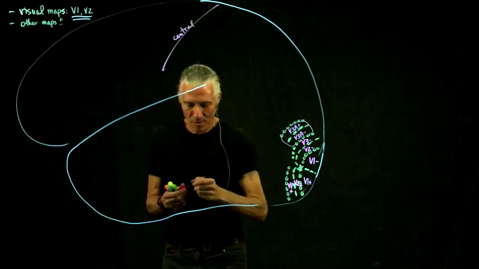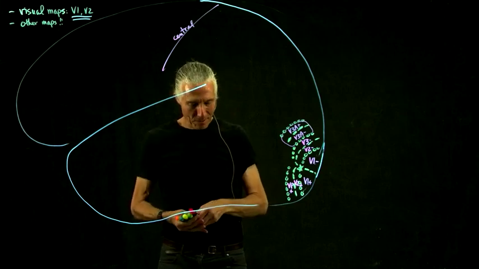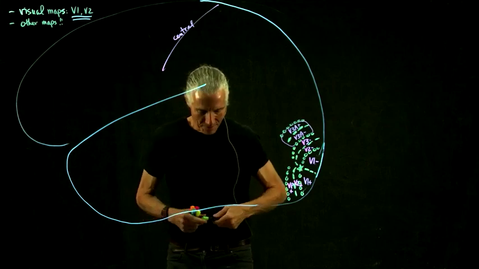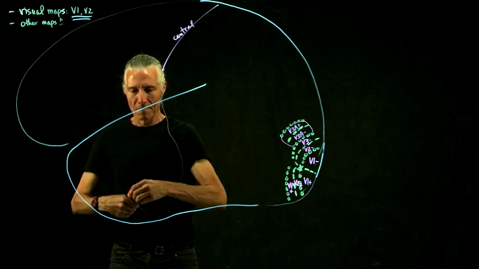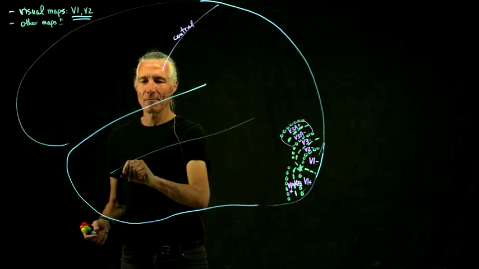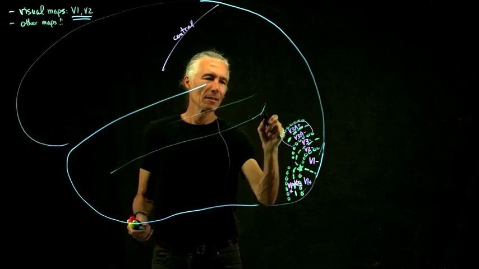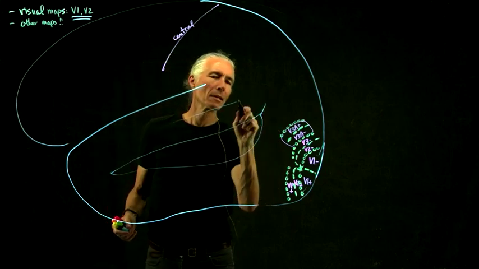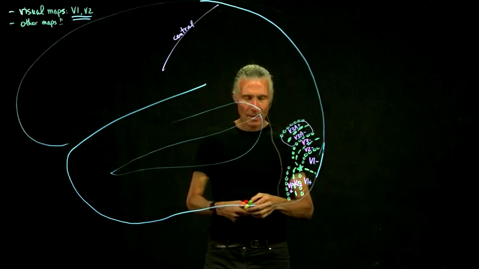So as we move on, what's the next best area? The next best area is an area called MT. MT is sitting in the superior temporal sulcus. If we open up our superior temporal sulcus, sort of split it open so we can see down into it, we've got area MT in there.